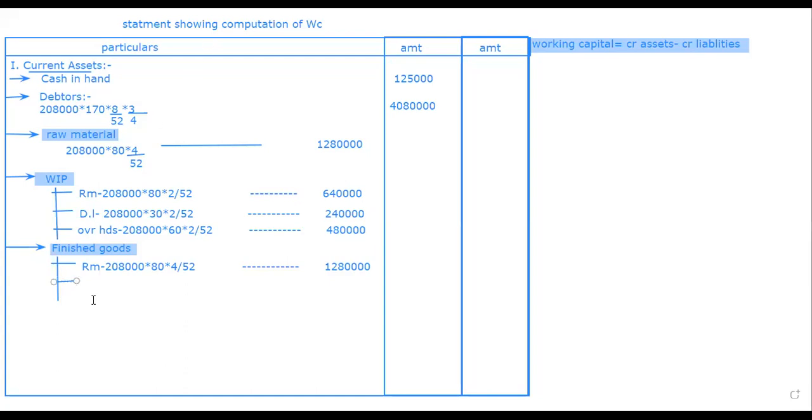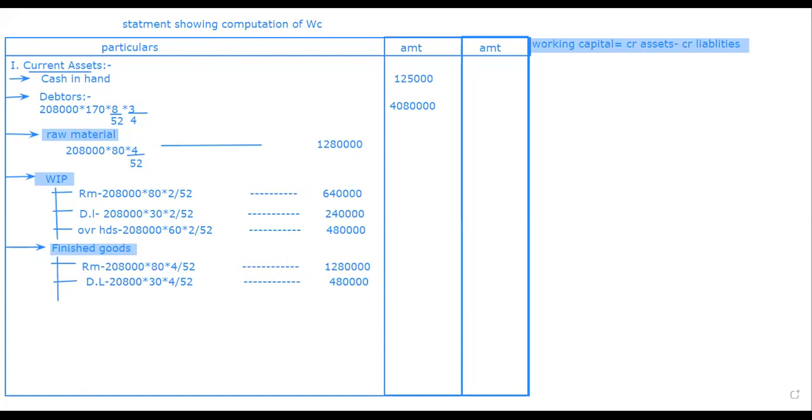Then what about direct labor? Okay, 2,08,000 into price of labor 30 into 4 by 52. So whatever the value above, it is going to be double the value, no? So it is going to be 4 lakh 8. If you want, you can count it.